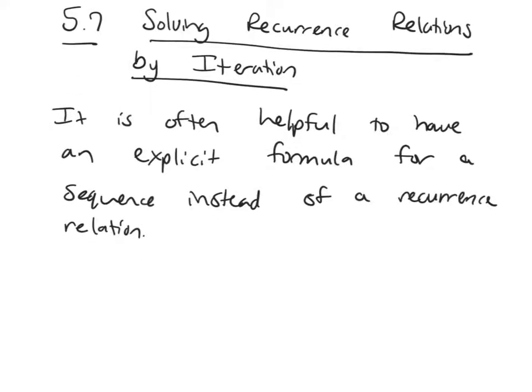Just think about our application problem from the last section. We had to do 21 computations to answer the question, and it would be nice if we didn't have to do all those computations.